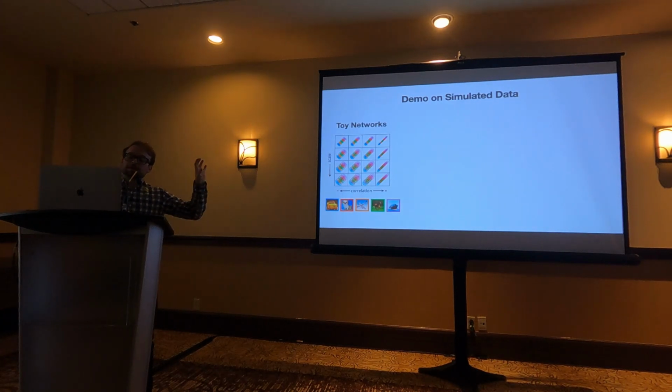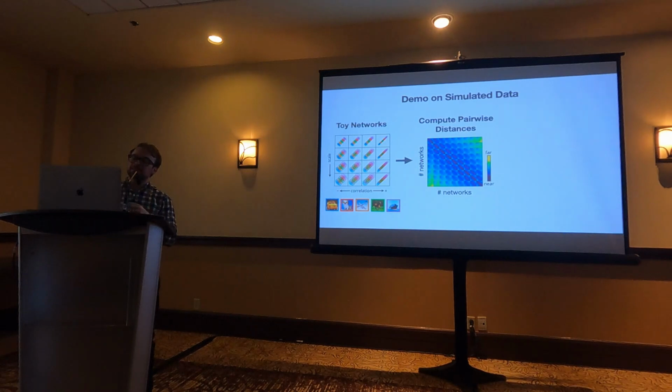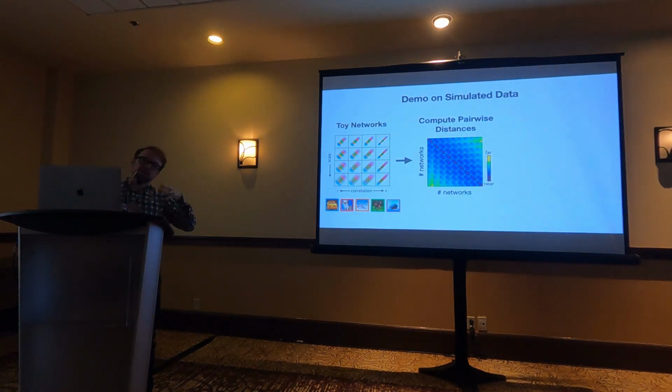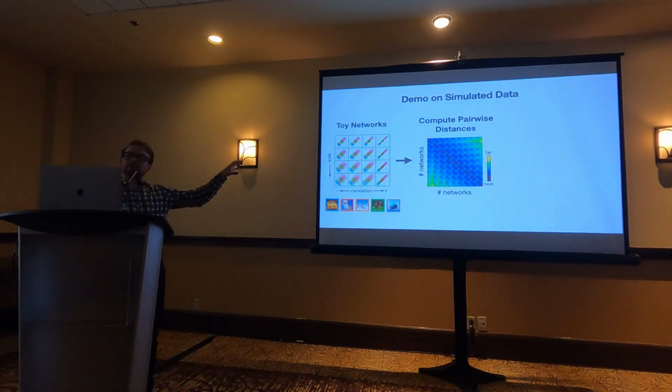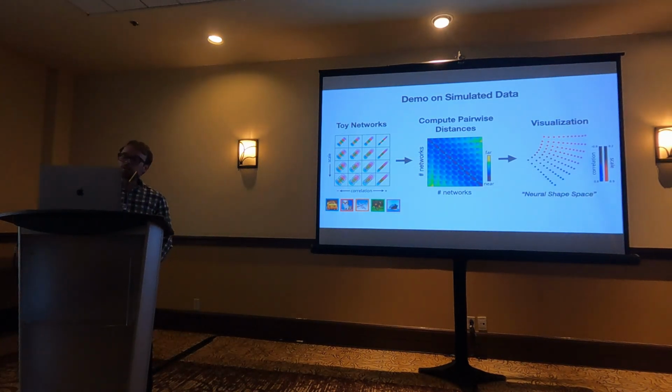So what we're going to do is take samples from these networks. We're going to compute a pairwise distance matrix. I forget exactly how many networks we had here, something like 96. So we're going to have a 96 by 96 distance matrix where element ij is the distance between network i and network j. Because this satisfies the triangle inequality, all these distance comparisons are self-consistent in some rigorous mathematical sense. And then we can use multidimensional scaling to visualize all the networks in a low-dimensional space.